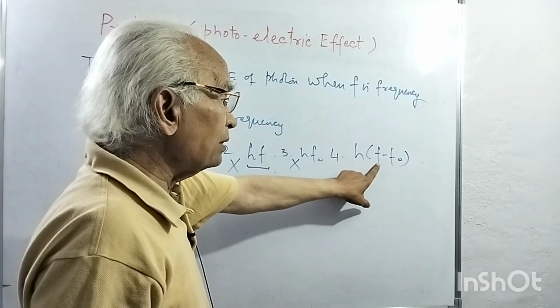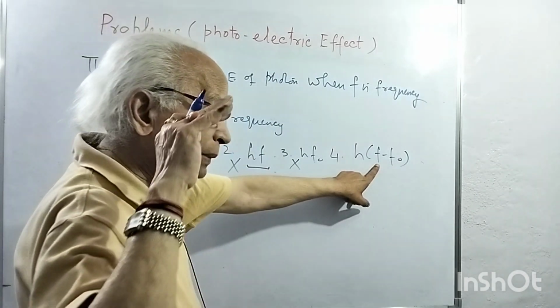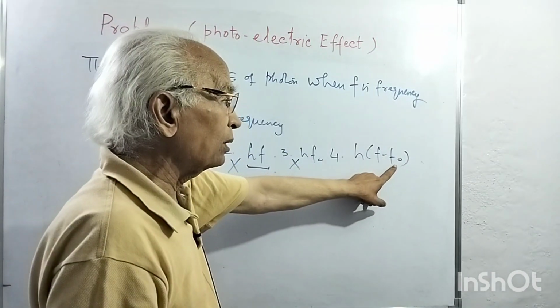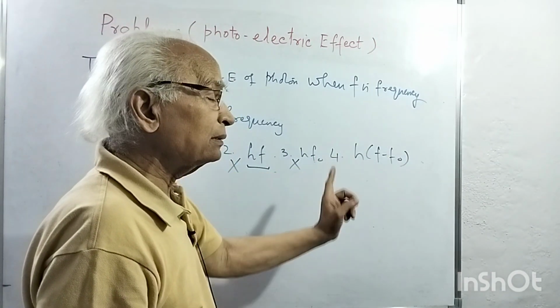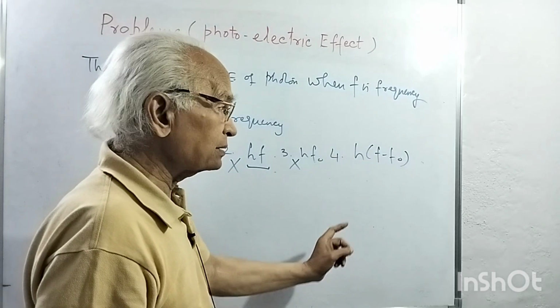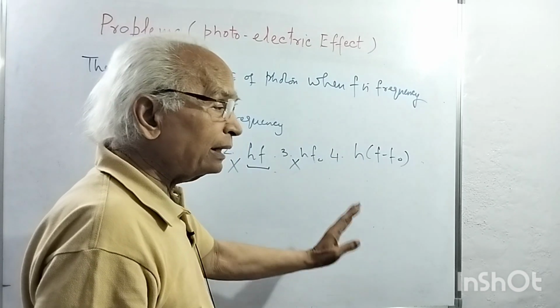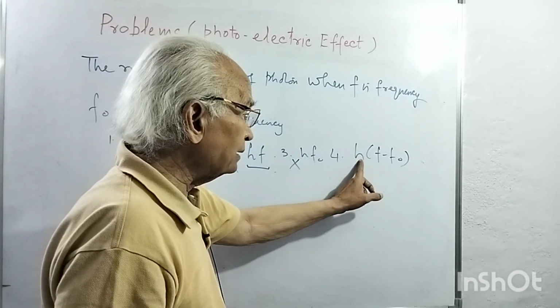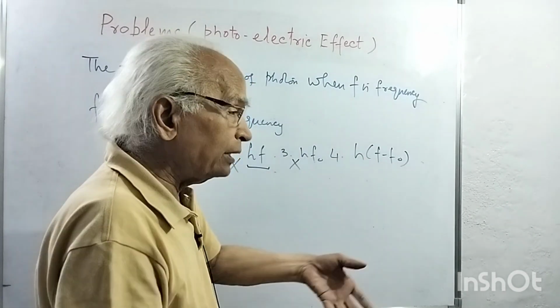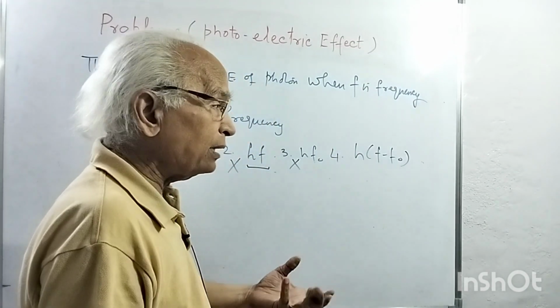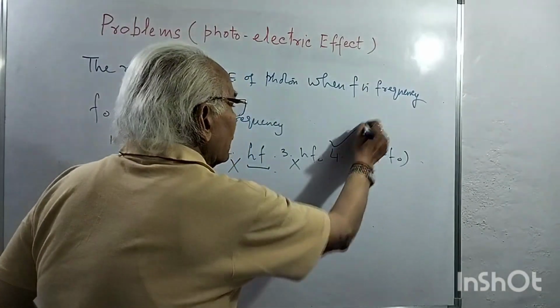This is the frequency applied, this is the threshold. Above this frequency, the photoelectric effect takes place. So this is the energy lesser than the energy supplied, and hf naught is required to remove the electron, the work function. So this is the correct answer.